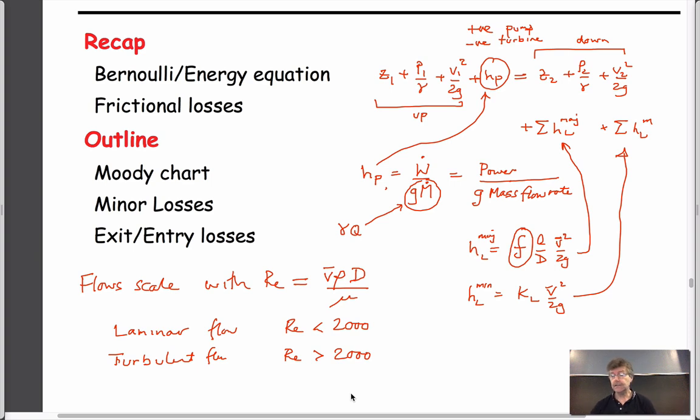So in this, the two important parameters that govern our behaviors are this friction factor, which we like to know about, and also this loss factor, which is similar. You see that they both act on this V squared over 2g term.